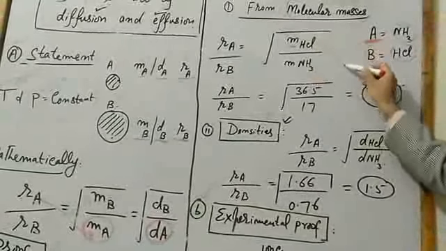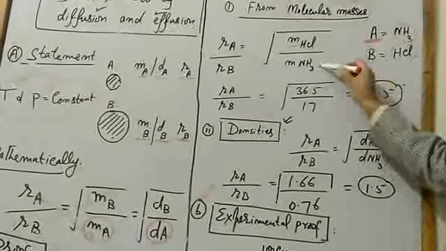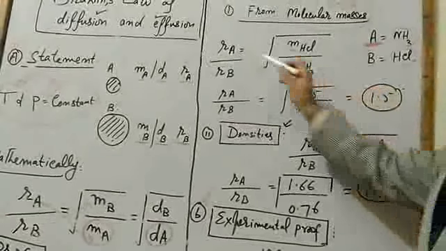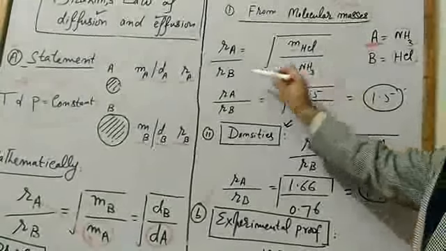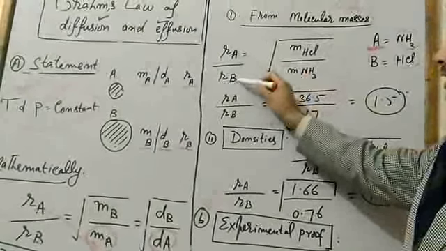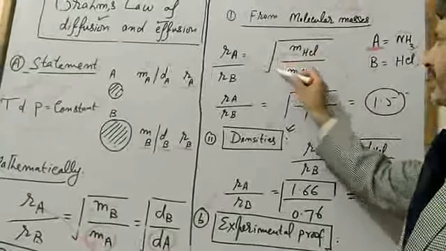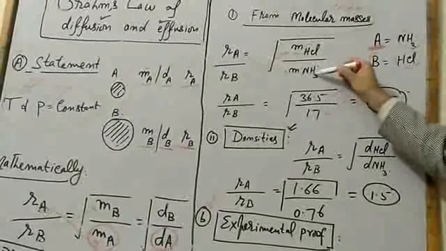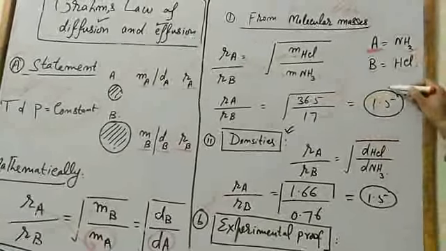The molar mass or molecular mass of HCl is 36.5 and that of ammonia is 17. So rate of diffusion of ammonia is inversely proportional to the square root of its molecular mass, and rate of diffusion of HCl is inversely proportional to the square root of its molecular mass. So just put here 36.5, put here 17, divide this by this and take the square root.